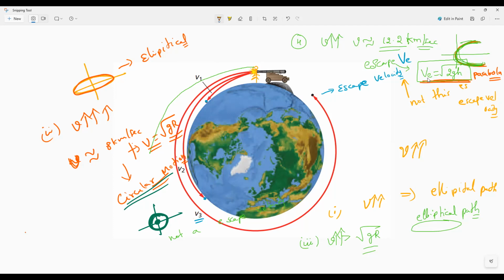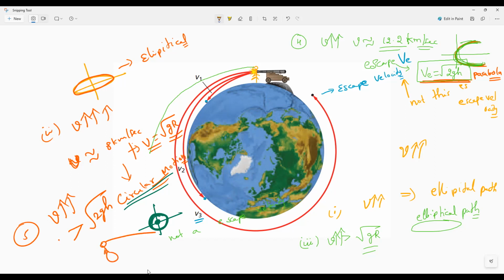Now, fifth point: if this velocity keeps on increasing, see, this is an open curve. Till now, every curve is a closed curve; the fourth one is the only open curve. Now, velocity keeps on increasing, where it is greater than root over 2gh. Imagine Mr. Pradosh is standing on the Earth.